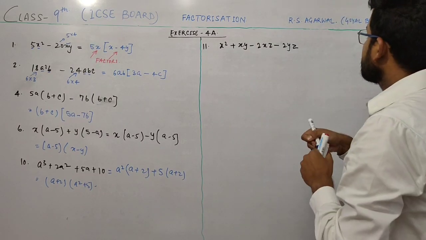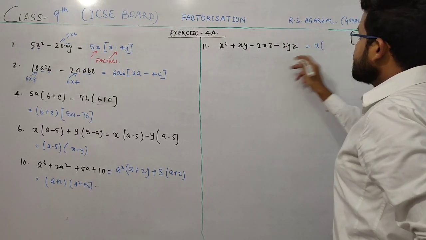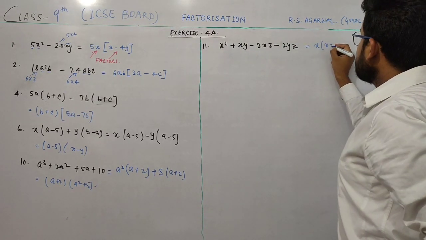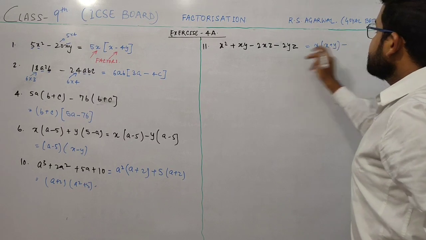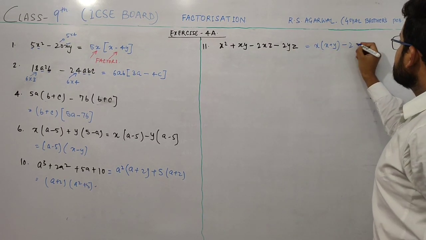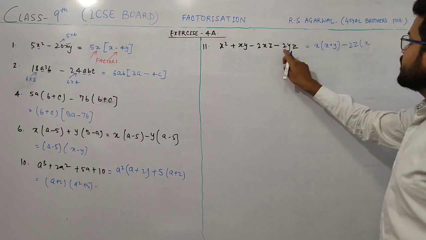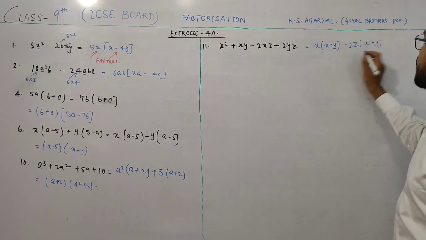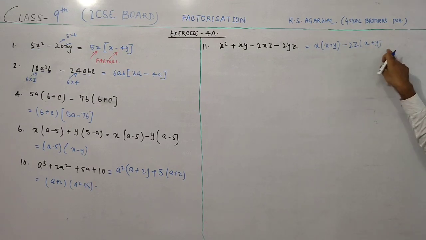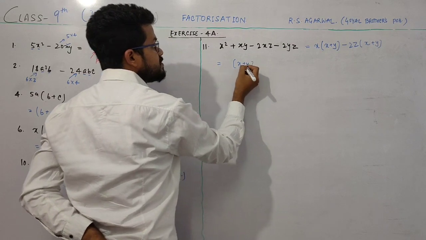Okay, so after checking, I take common x, now the remaining one is x plus y, and in the second one I take common minus 2z, the remaining is x plus y. Now this is x plus y and this is x plus y, so I take common x plus y.